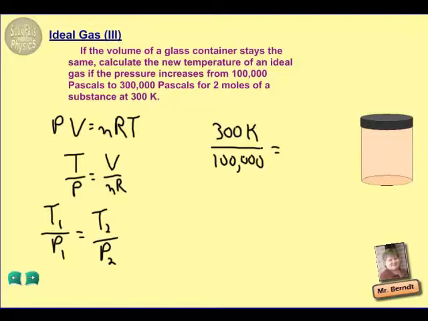That has to equal our temperature that we finish with, which is what we're looking for, divided by our pressure that we finish with, which is 300,000 pascals. Solving for T, we come up with a final temperature of 900 degrees Kelvin.